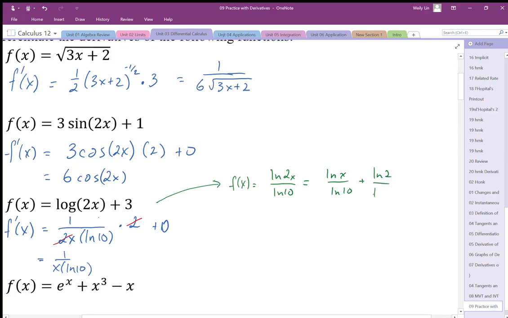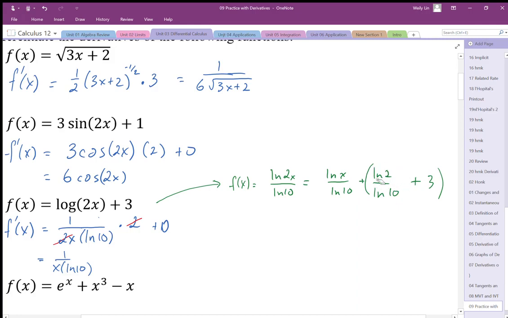Log 2 over log 10 is really a number, so all this is really a constant. So the reason why that 2 cancels out is because the horizontal compression can be factored out as a vertical expansion, and that doesn't affect the graph at all.